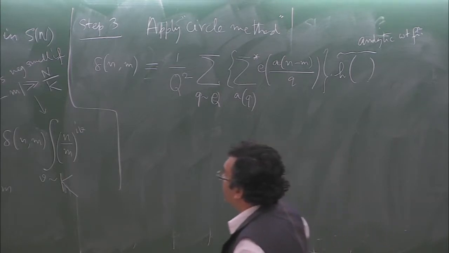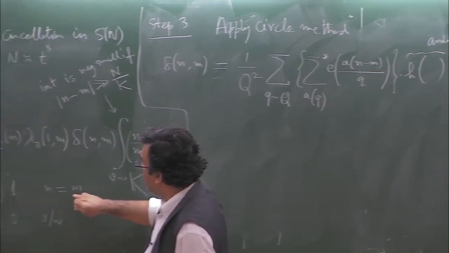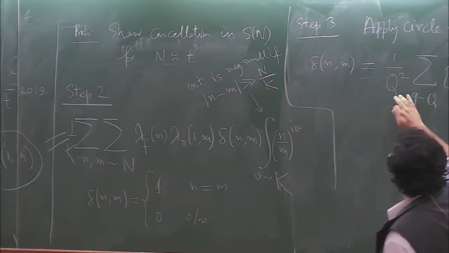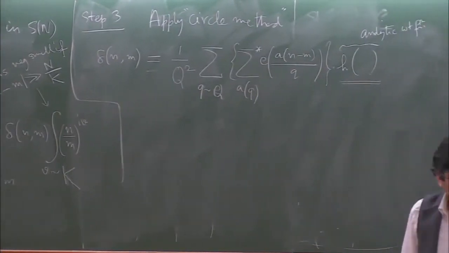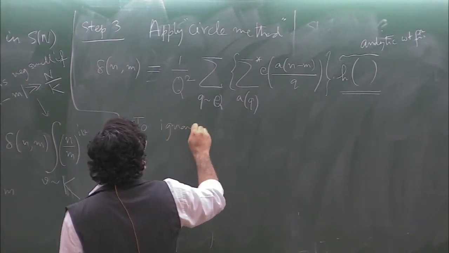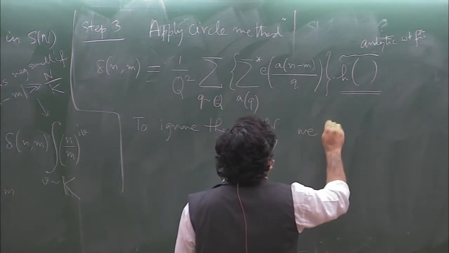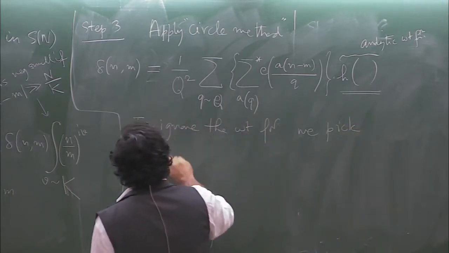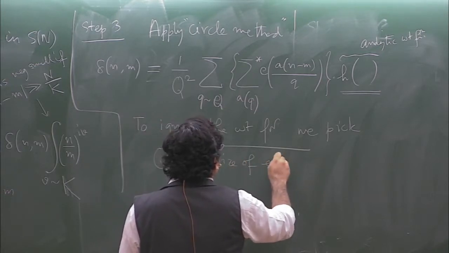Okay, but the thing is that when you have an equation of this form, where n is of size capital N, m is of size capital N, then you pick your q to be square root of the size of the equation. That's the optimal choice. Optimal in the sense that if you pick Q to be of that size, then you can ignore the weight function. Okay? So to ignore the weight function, we pick Q to be square root of the size of the equation.